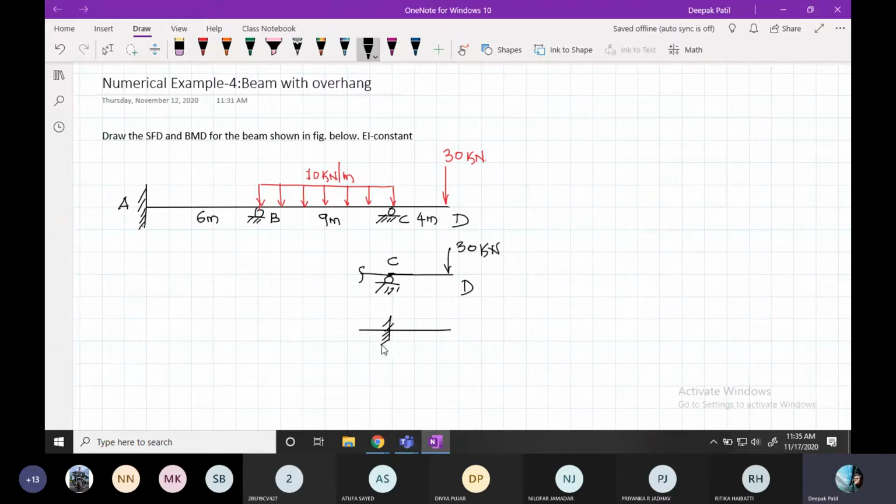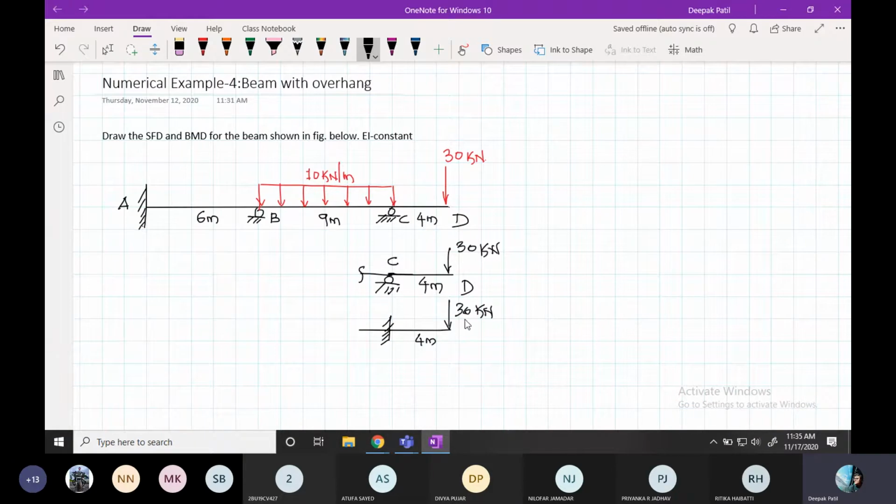Okay, we try to fix this, and this 30 kilonewton load is acting as it is, and this is 4 meters.